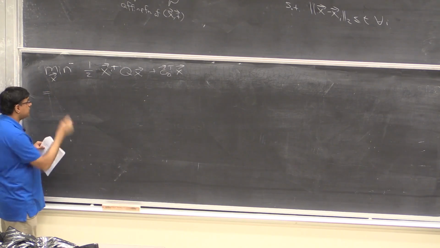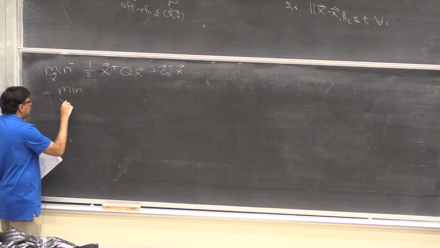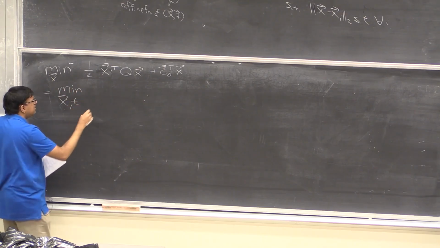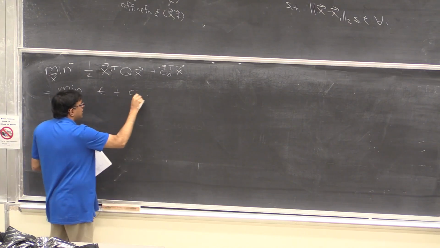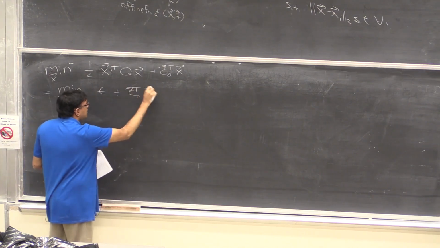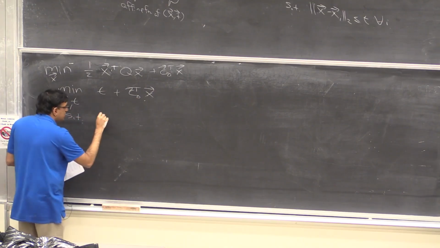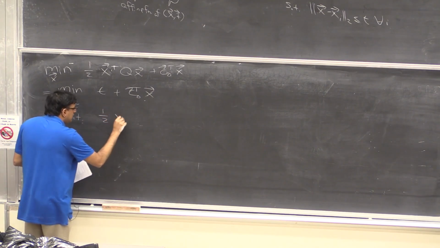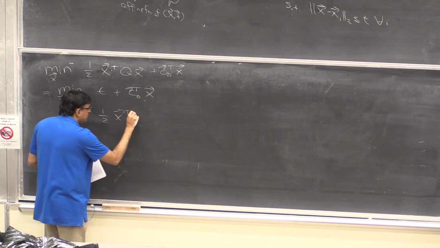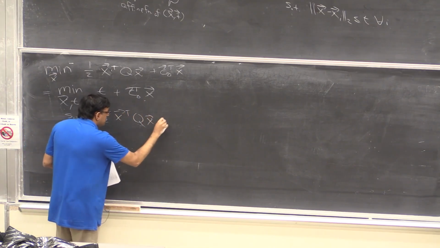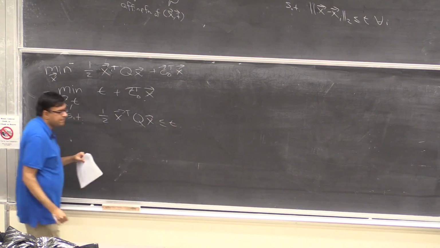Okay? So just add another slack variable. Min over x, t of t plus c naught transpose x, subject to 1/2 x transpose Qx less than or equal to t. Okay.